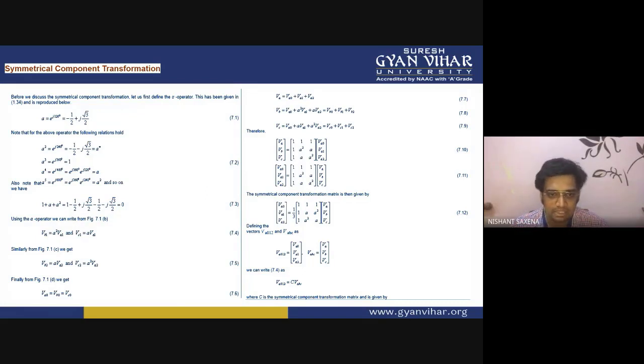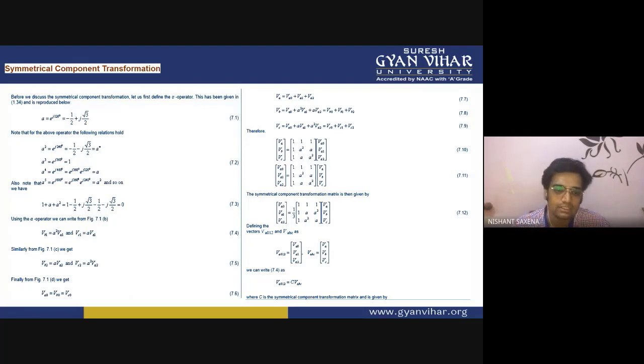There are a few properties or relations mentioned here. A squared is nothing but the complex conjugate of A. A cubed is equal to 1, and A to the power 4 will again return the same value, that is A, where A is the alpha operator.